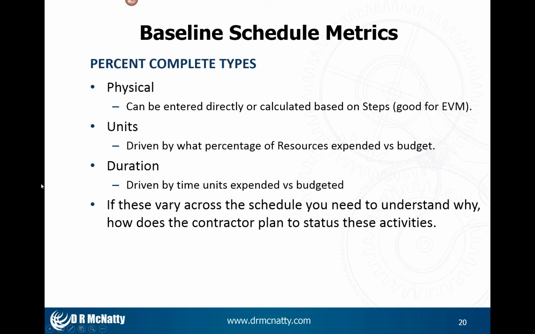And the passage of time is not necessarily a good indicator of what percent complete an activity really is. And you could do a layout in P6 organized by percent complete type, and I can see if I've got a lot of activities of different types, I really want to talk with the scheduler and find out what they're thinking or not.